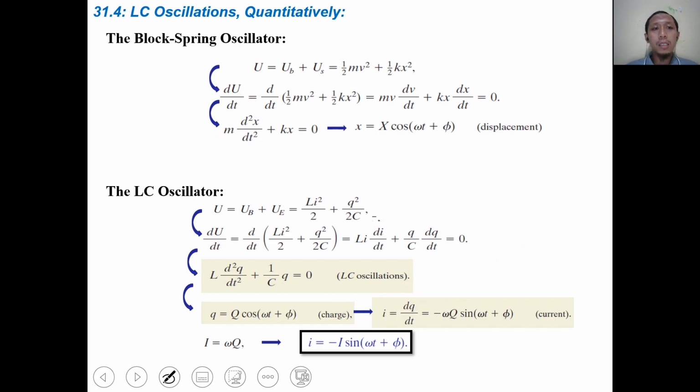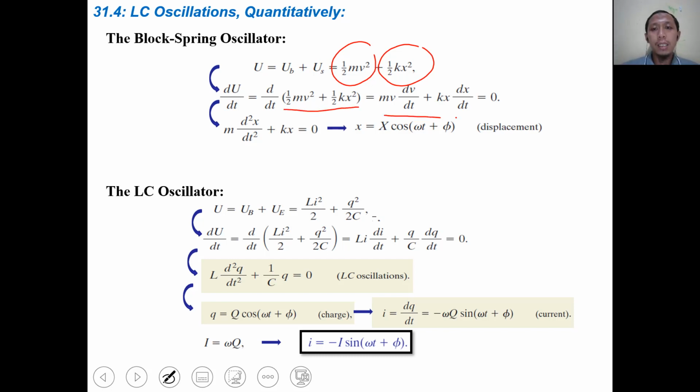And then if we use the block spring oscillator, the total energy U is equal to UB plus US, the energy in the block plus the energy in the spring. This is the kinetic energy, and this is the potential energy. And then if we differentiate the total energy, dU per dt is equal to the derivative of this equation.